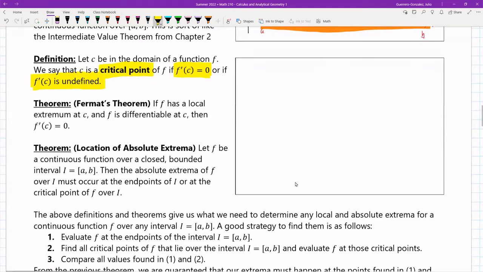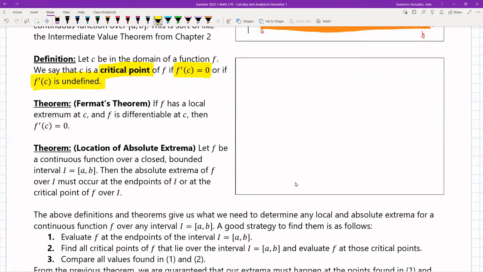The next theorem, Fermat's theorem, states as such: if f has a local extremum at c and f is differentiable at c, then f prime of c is equal to 0.